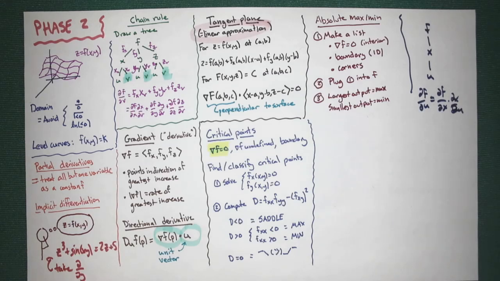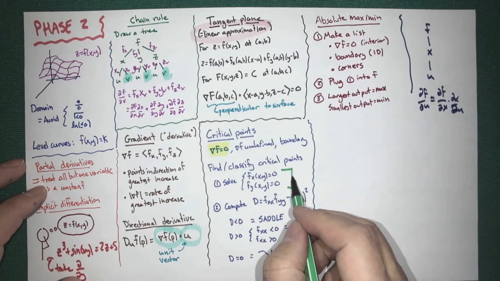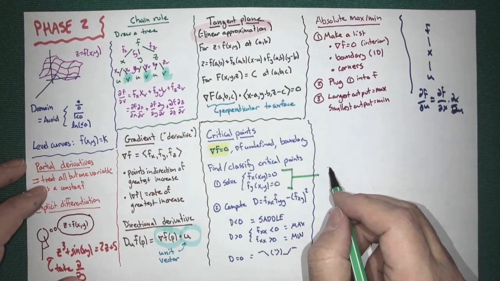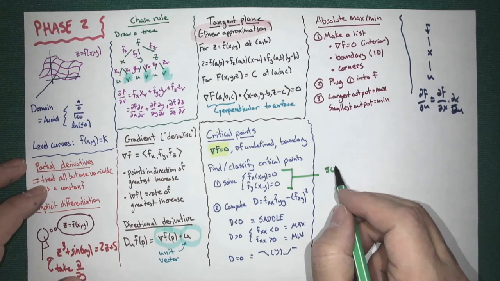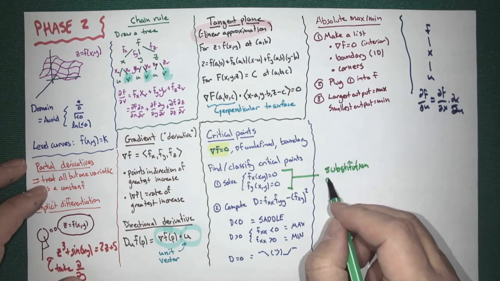So how do you find? Well, you're saying the gradient equal to 0. So you solve. And you have the gradient being 0 means that every term in the gradient is 0. So that means all your partial derivatives are 0. So you set your partial derivatives to 0, and you get 2 equations and 2 unknowns. But when you're solving 2 equations, 2 unknowns, just remember you have a few basic strategies: substitution and factoring.